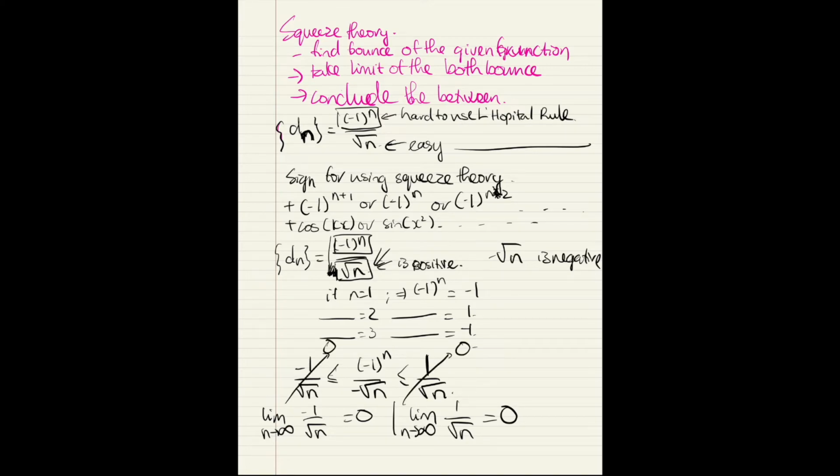So for the one in between, is there some number that is bigger than or equal to 0 and smaller than or equal to 0? No, it is 0. So we can conclude that the limit as n goes to infinity of minus 1 over the square root of n equals 0.